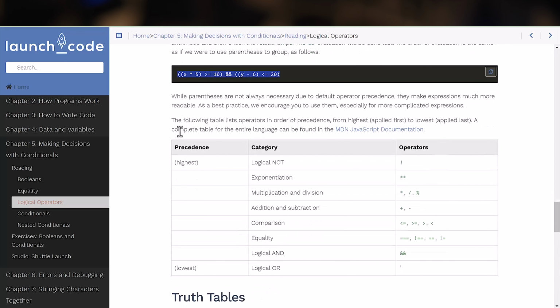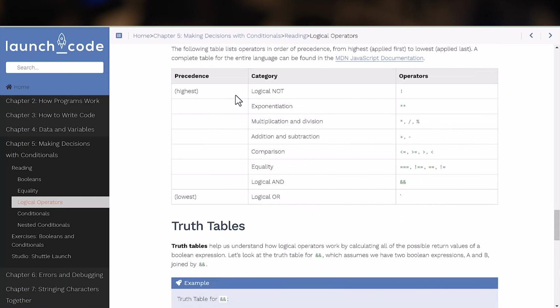While the parentheses are not always necessary due to default operator precedence, they make expressions much more readable. As a best practice, we encourage you to use them, especially for more complicated expressions. So make sure you practice and play around with this. Get an understanding of this code.